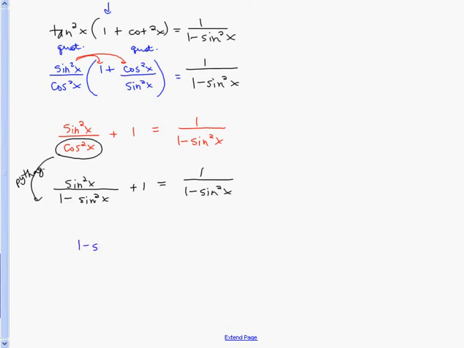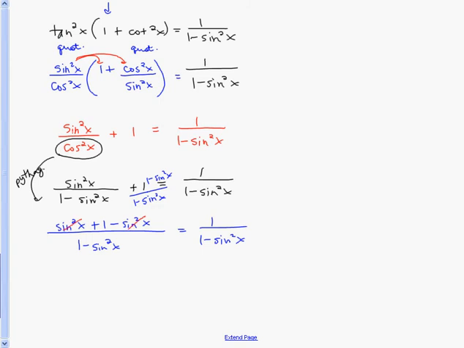So now I'm going to get a common denominator. It would be 1 minus sine squared of x. So this first one would stay sine squared of x. That would have me multiplying this top and bottom by 1 minus sine squared of x. So this will become 1 minus sine squared of x, because I got a common denominator.